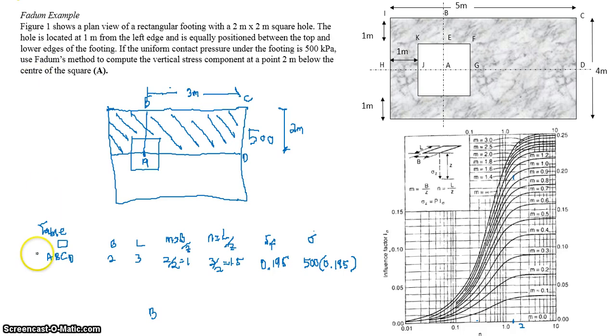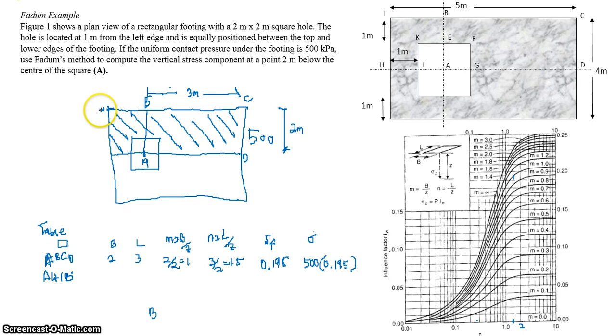So for the rectangular that has a value, it is A, H, I, B. So what's the value of L and W?